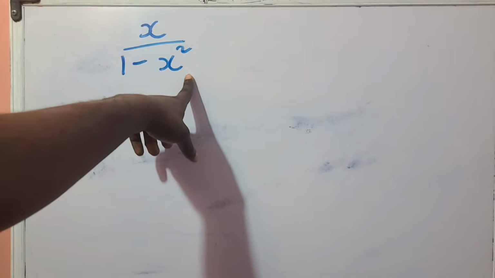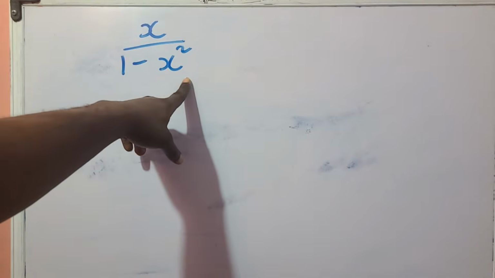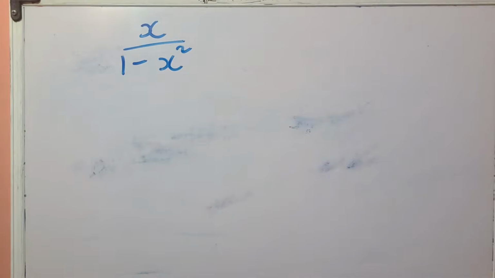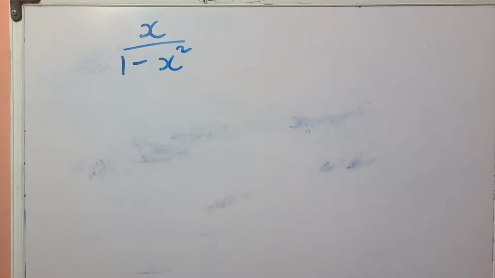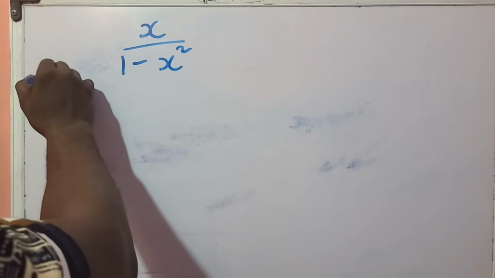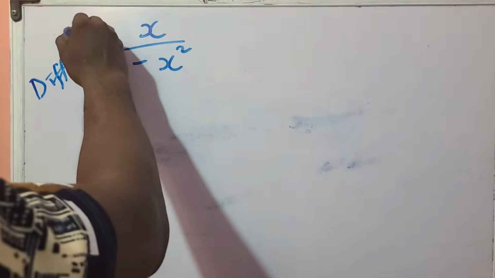When you see something like this, you should be able to notice something happening at the denominator in this particular expression. Something is going on here that makes your work very easy if you're able to recognize it. It's something in algebra called difference of two squares.